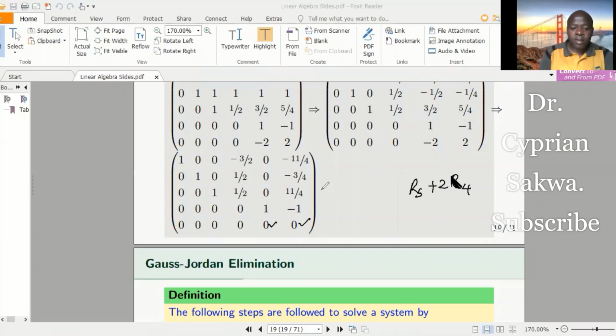And so we have this matrix in reduced echelon form as required, because we wanted to write that matrix in reduced echelon form. And that is what we've just done. So you go through those workings slowly and see that you get the same results, or if there's a mistake, you can try and rectify. But the procedure is what I've shown you.